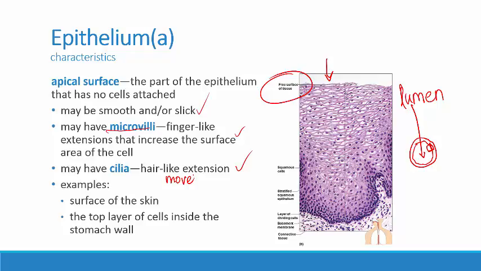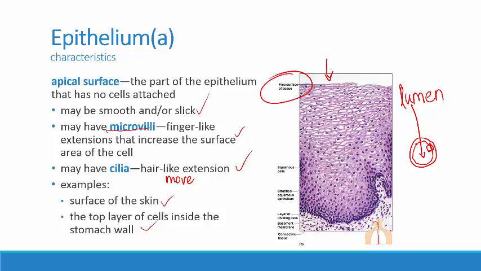So some examples of apical surfaces would be the surface of the skin, or the inside layer of cells of the stomach wall that are facing the lumen of the stomach. So apical surface or free surface, you'll hear me use both those terms to describe this upper layer.